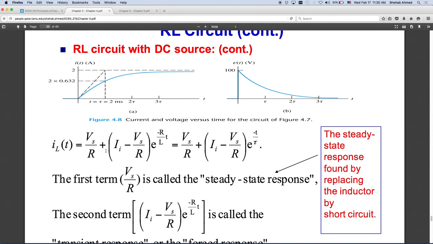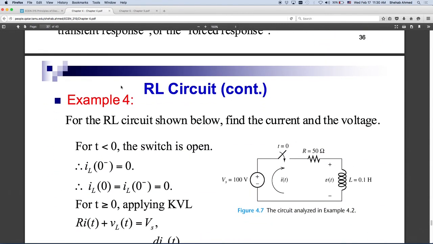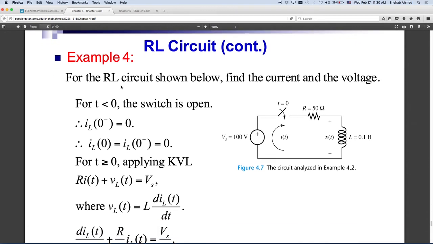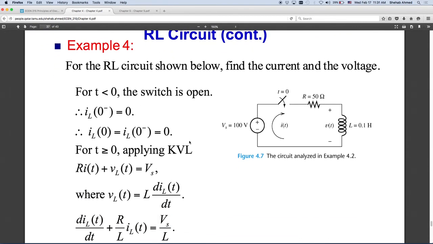So yeah, you can plot the exponential given some proper values, then you can draw things to scale. So again, this is an example, an RL circuit. There's no need to go through the process of Kirchhoff voltage law and write the differential equation. We expect it to look like K1 plus K2 e to the st, and then substitute with numbers.